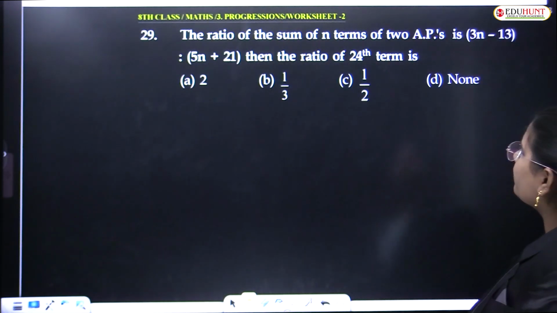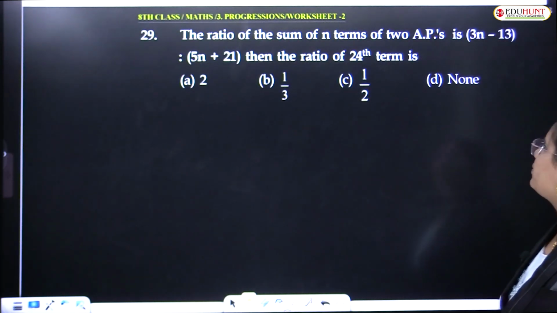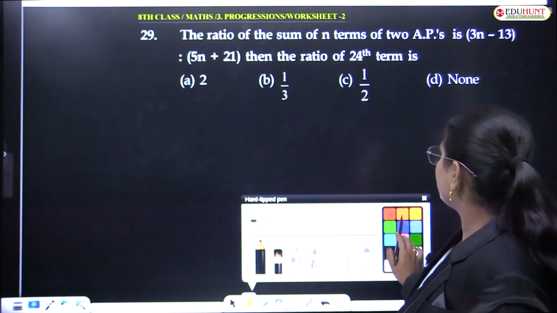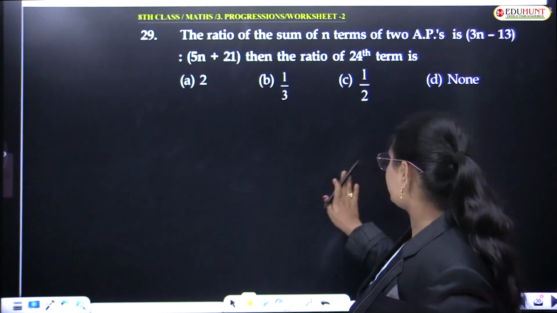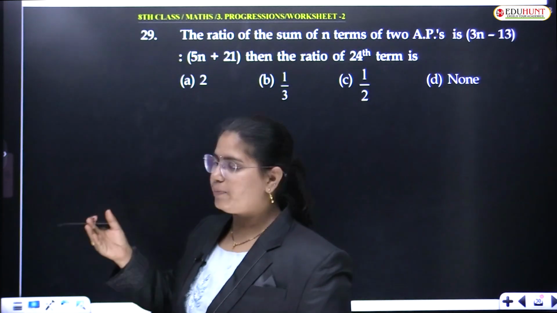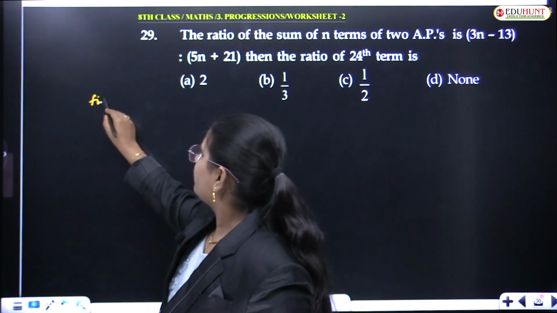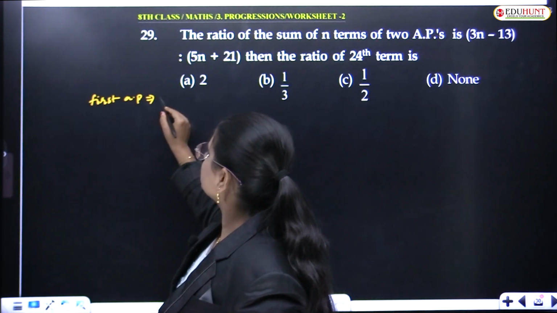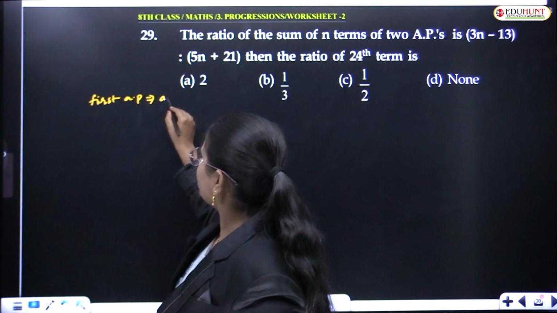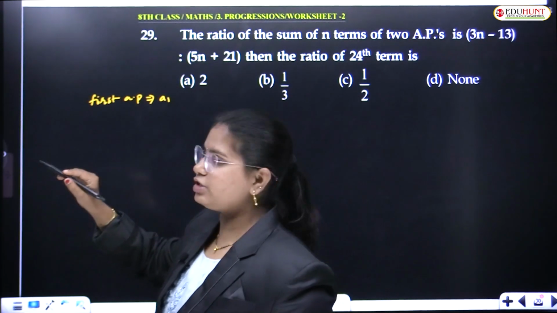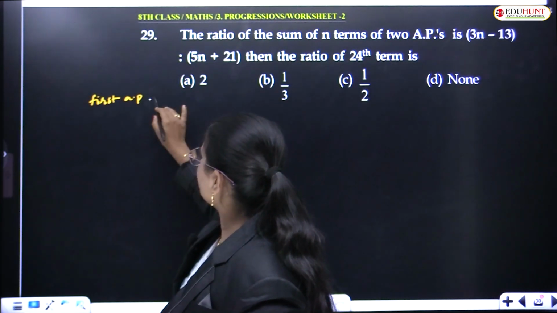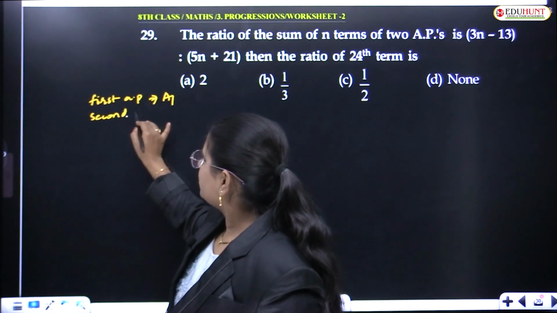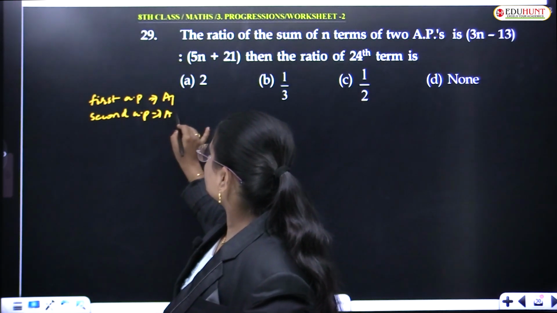The ratio of the sum of n terms of two APs is given as 3n minus 13 to 5n plus 21. Here you have two APs. Let the first AP be some series A1, with its first term, and the second AP be A2.